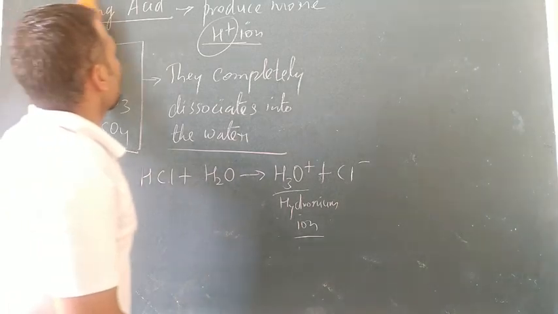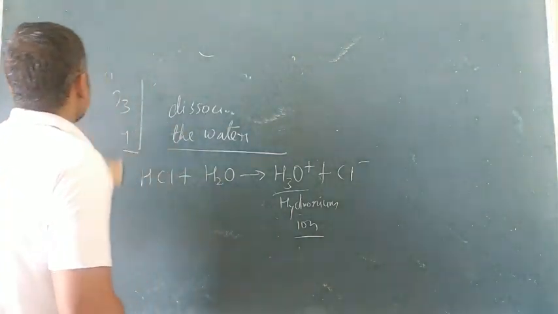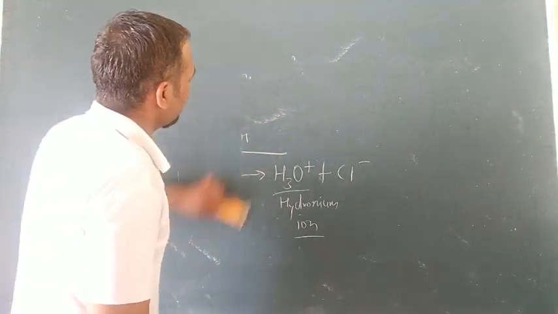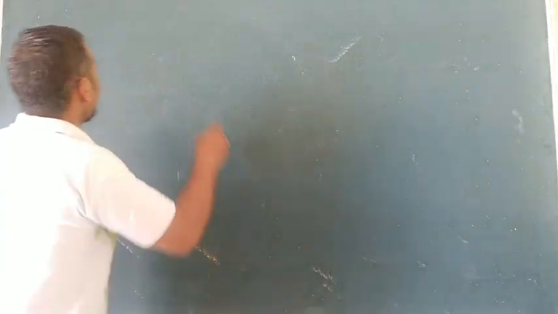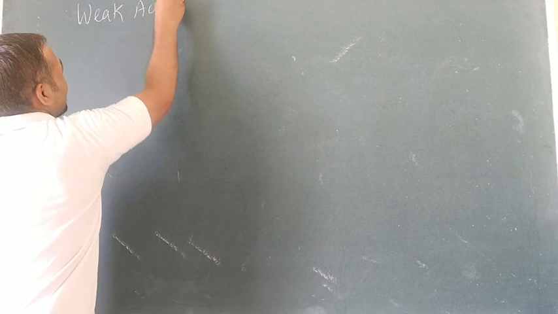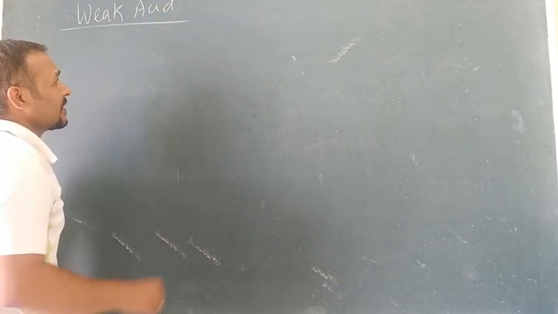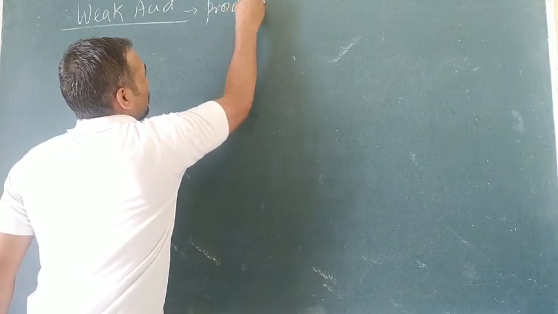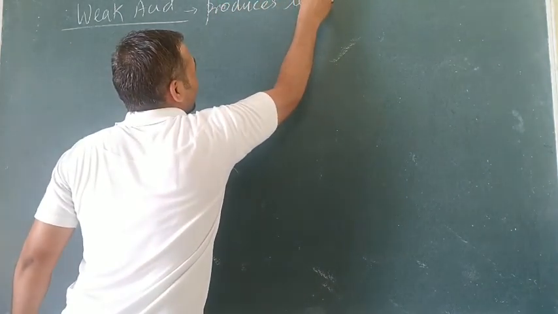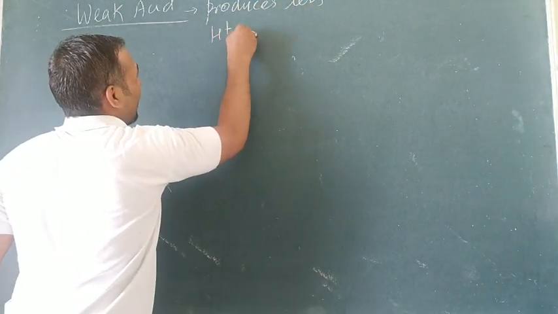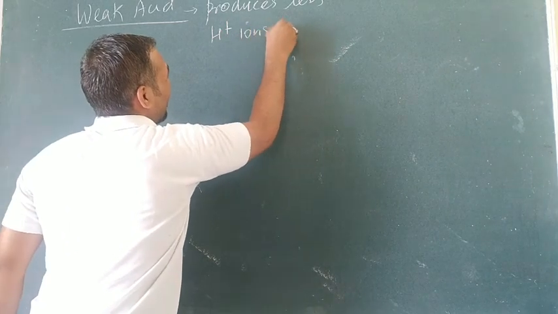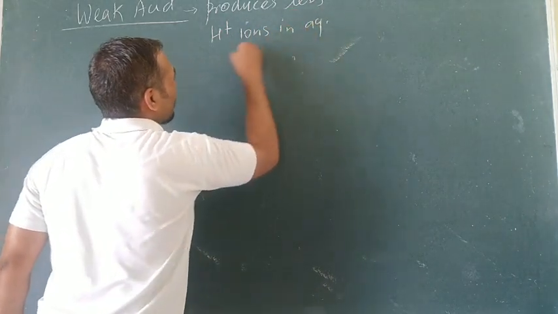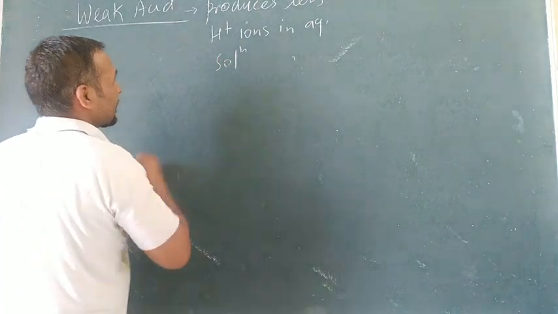Right? Now, what are weak acids? Just opposite. They produce less H plus ions in aqueous solution, right? Number one.